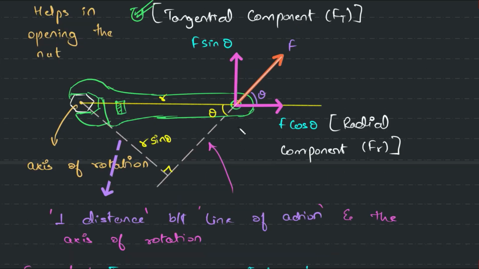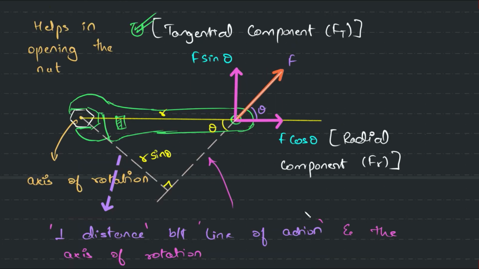Sorry, it's a bit messy. Now it's okay, I guess. So in this case, what is your lever arm? Where do we have our lever arm? This is your lever arm.